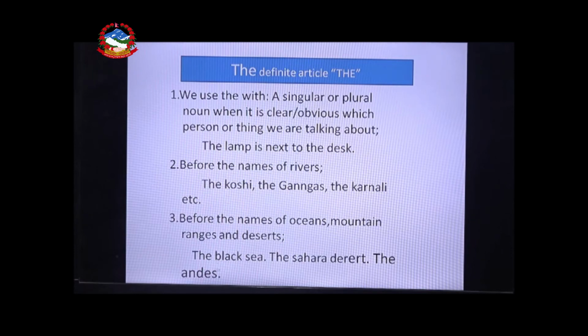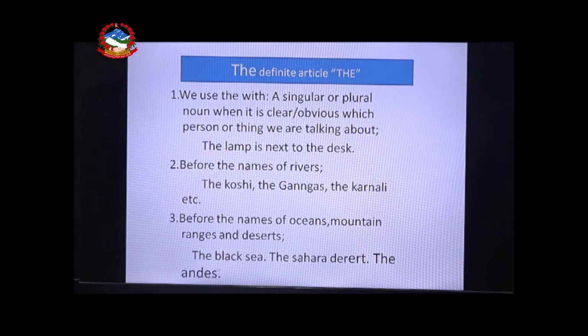We use the article with a singular or plural noun, either singular or plural. As you know, a and an, the indefinite articles, we use only before a singular noun or pronoun, but the definite article the we use with either singular or plural nouns when it is clear or obvious which person or thing we are talking about.